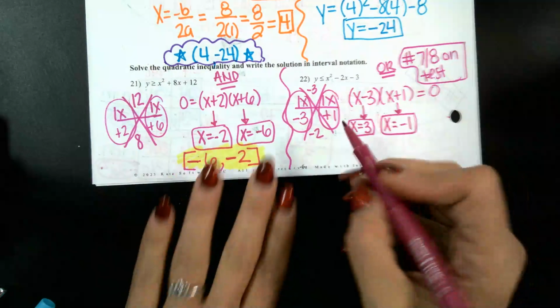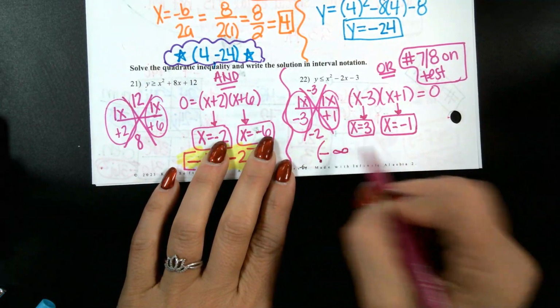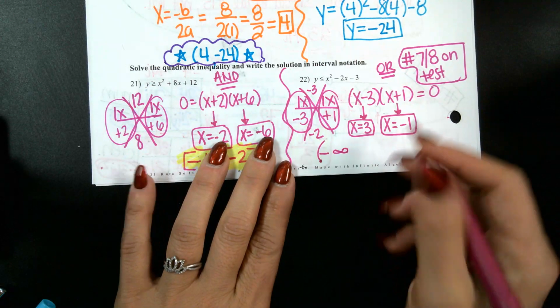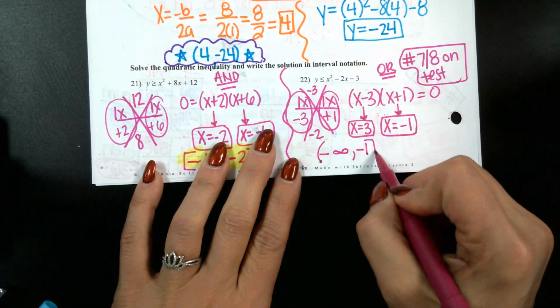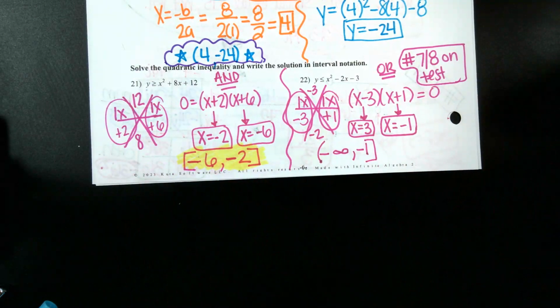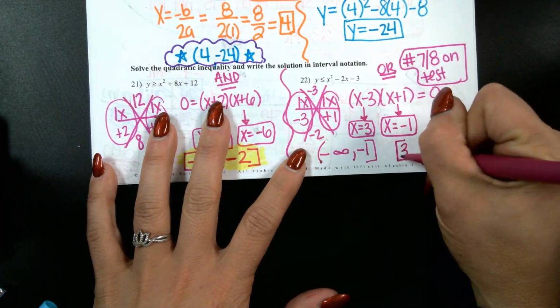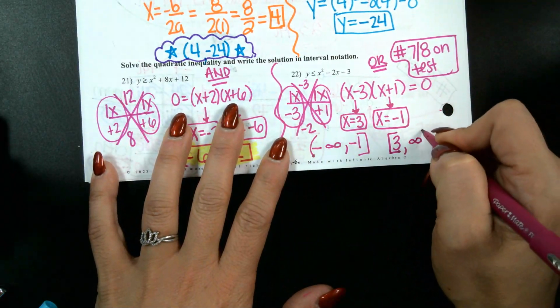Okay, so we would have parenthesis for the negative infinity. I'm not grading you on how pretty your infinity symbol is, by the way. Up to -1, and because there was an equal sign, you got to put a bracket around that -1. Now the other section, you'd start with a bracket, because you'd start at +3, and we would go to positive infinity. So that would get the parenthesis.